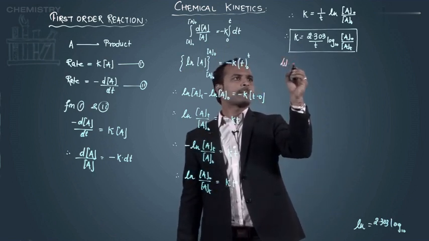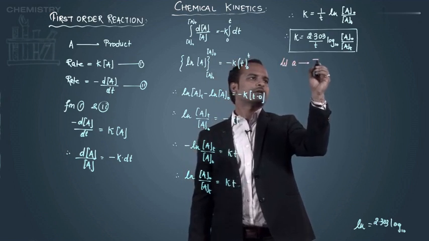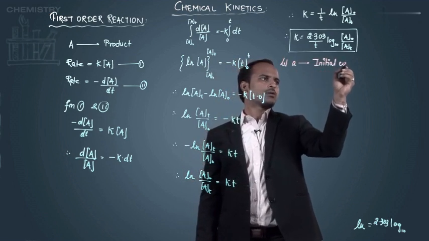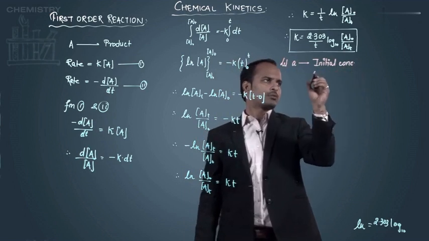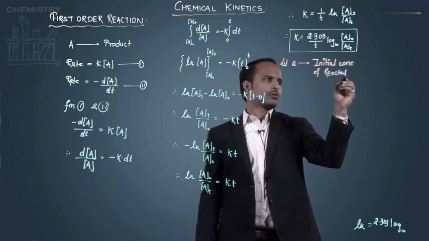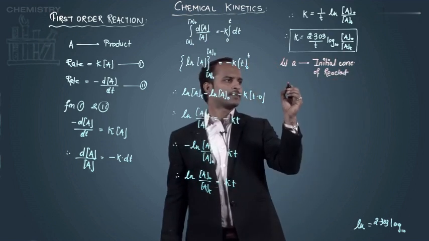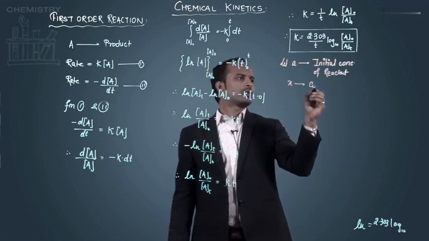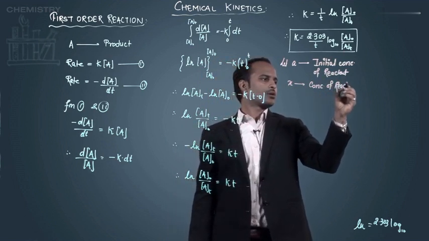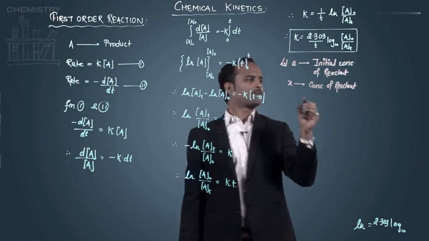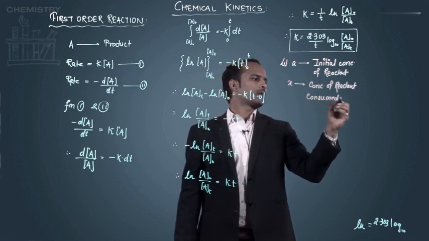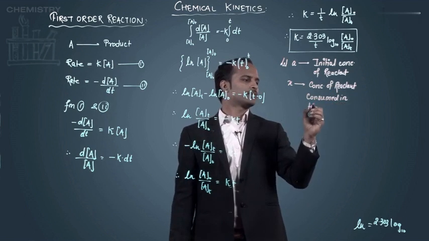So let small a be the initial concentration of reactant, and X be the concentration of reactant consumed in time t.